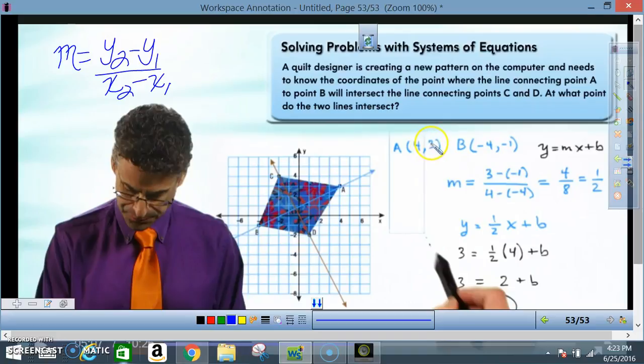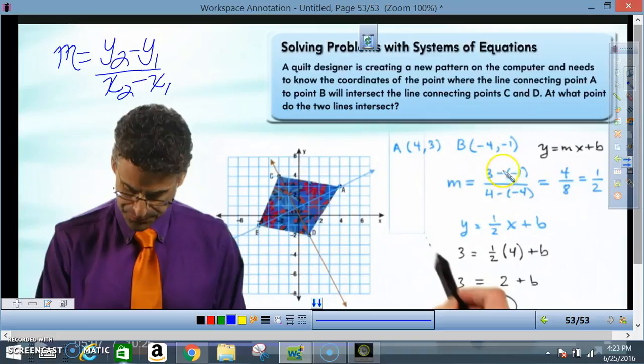Now also, pay attention to your basic math. Here he's saying that this right here is his y sub 2, so that's the 3. That means that the negative 1 is his y sub 1. Then 4 has to be his x sub 2, and negative 4 is his x sub 1.